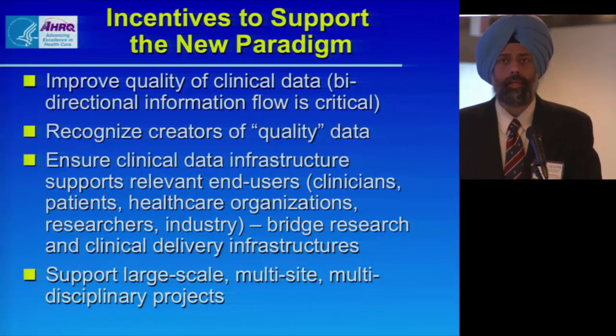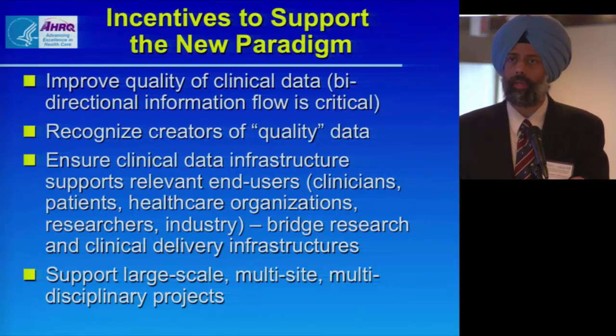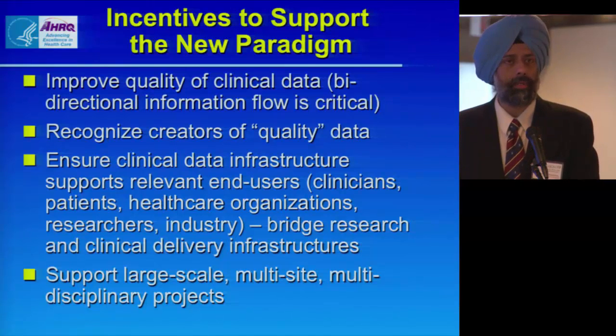So in clinical data, though, it's not the researchers who are generating the data. It's the clinicians, it's the patients, it's the healthcare delivery organizations that are generating the data. So if we want to encourage more efficient research building off of health services and healthcare delivery, we need to improve the quality of data at the point of care.